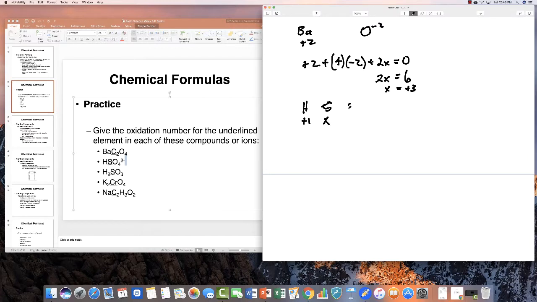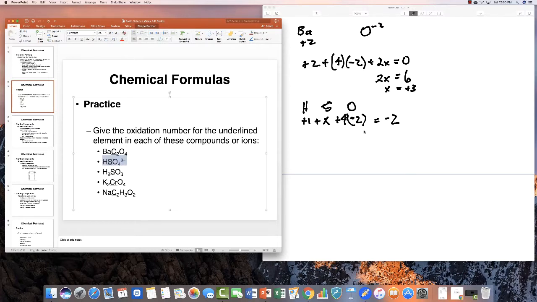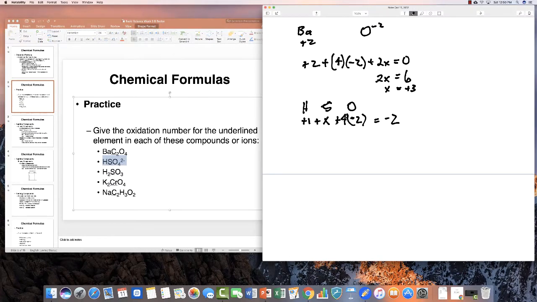And oxygen again, which is -2. We have 4 oxygens, so it's 4 times -2. The sum of all of these has to equal -2, because that's the charge on the ion. So we have plus 1 minus 8 plus x equals -2. So this is -7.